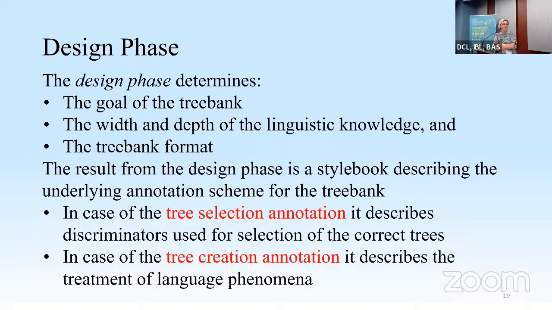Okay, so in the design phase, of course, we can make a tree bank just for the purpose of having a tree bank, but if we want a more focused exploitation phase, then we should know the goal of this tree bank, how deep knowledge we would like to have in the tree bank, and also the format.